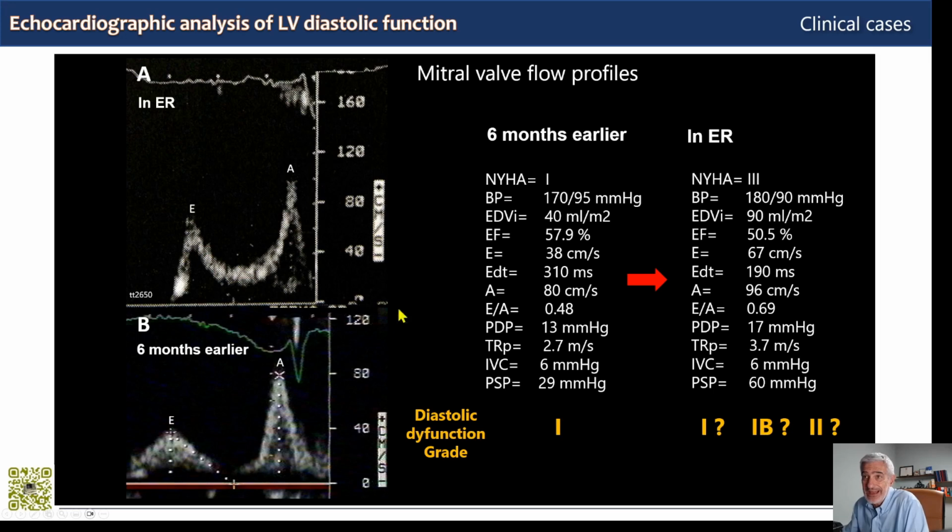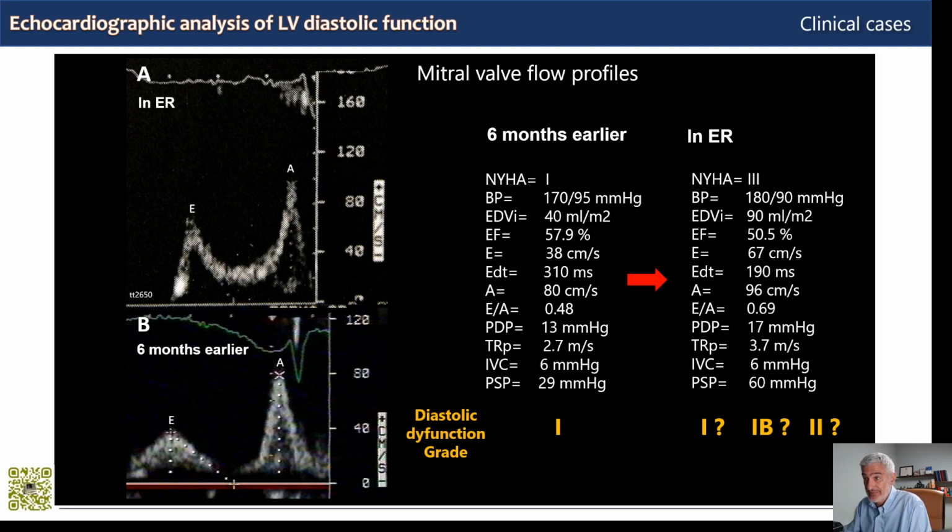Actually, the underlying prolonged relaxation pattern is now masked by a significant increase in atrial pressure, as suggested by the great increase in the E wave, the decrease in the deceleration rate, and most importantly, by the increase in the estimated wedge pressure by the pulmonary regurgitation analysis.